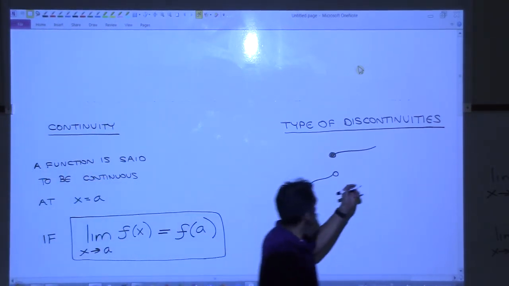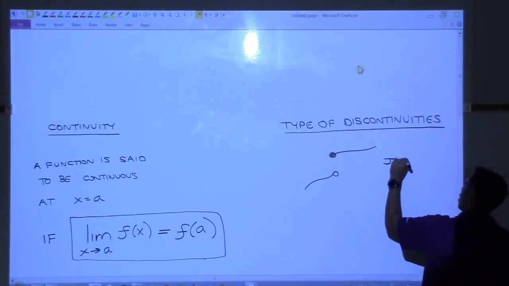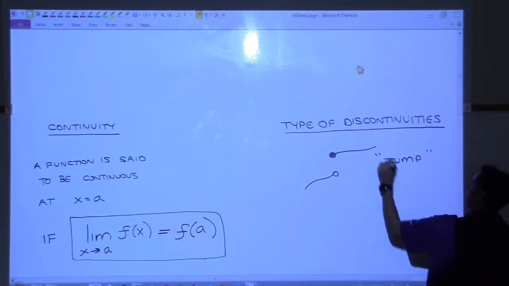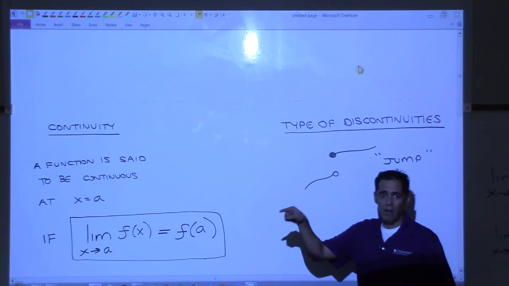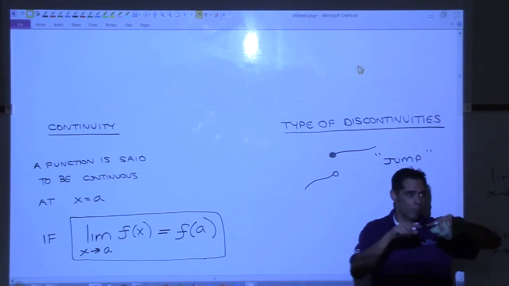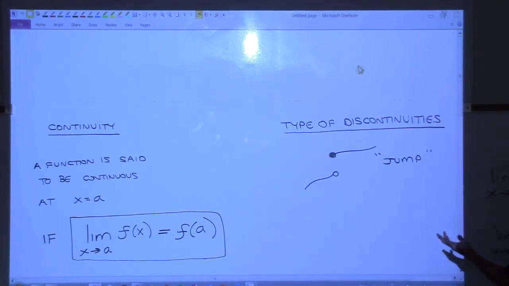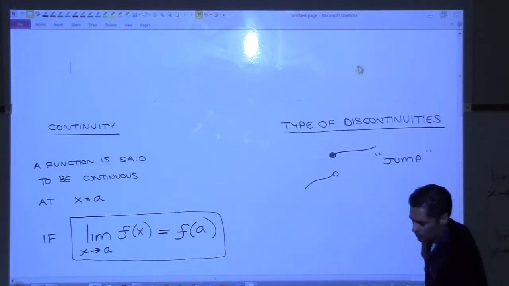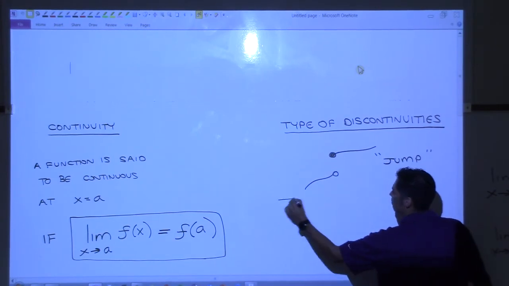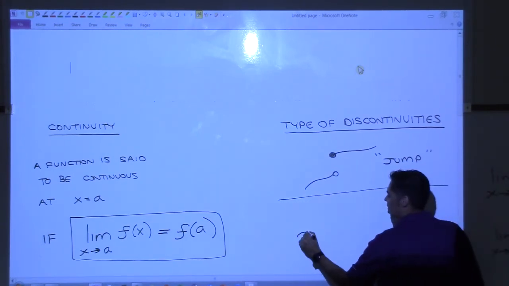So this right here, we call this a jump discontinuity. Anywhere you have a graph that all of a sudden jumps, breaks apart, that's called a jump discontinuity. All right? Where else would we have a discontinuity? What about this? So that's one. Okay. How about this one?